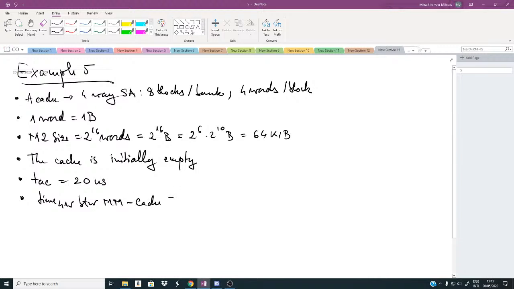We will see that this is called miss penalty. And this miss penalty is 500 nanoseconds. We consider the LRU policy for the cache, we will see what this means.